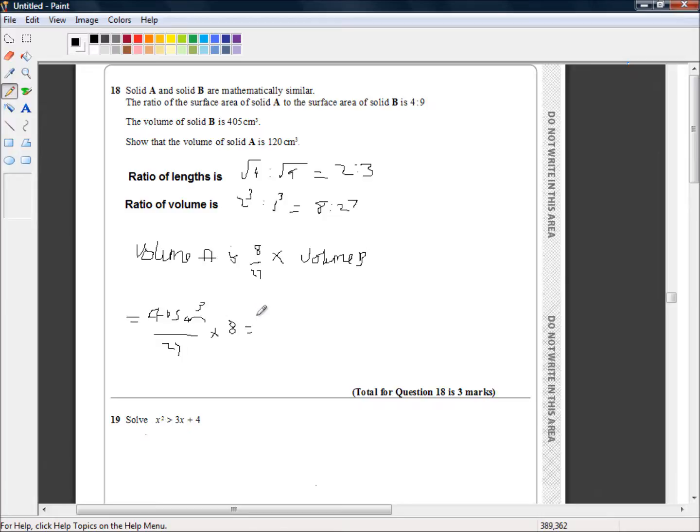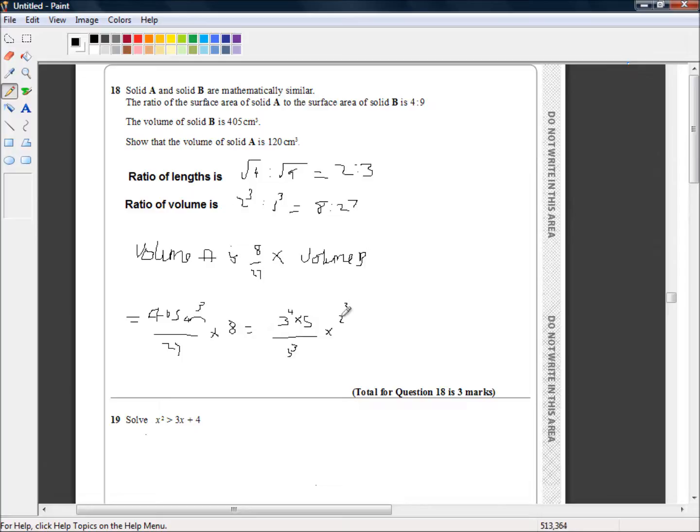So this is 3 times 3 times 3 times 3 times 5. So this is 3 to the power 4 times 5 divided by, and 27 is just 3 cubed because we cubed the 3 to get 27, and all that's got to be times by 8, which is 2 cubed.